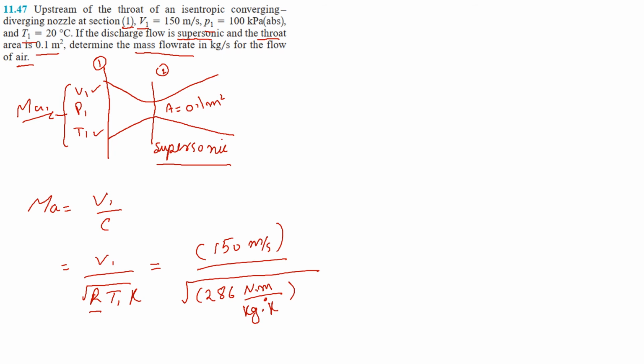So this is the value of R. T1 is given as 20 degree C. We will convert it into absolute temperature, and it will come out to be 293 kelvin, and times 1.4. So if you solve this, the Mach number comes out to be 0.43 approximately. So this shows that at this region, the flow is subsonic.